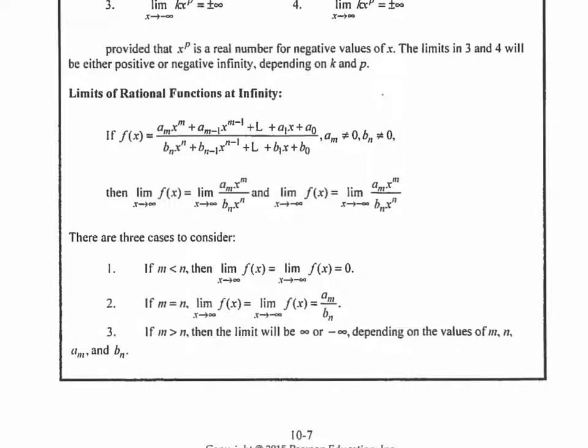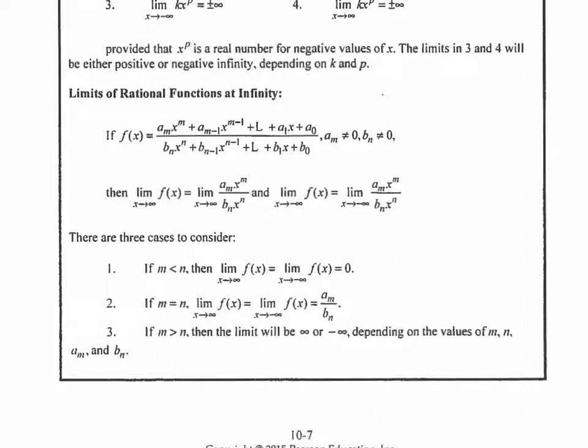And eventually I'm going to run into the same problem, that I've got this finite amount on top that I'm having to share with more and more and more and more people, to the point that eventually everybody gets almost nothing, okay? So as long as the exponent on top is smaller than the exponent on bottom, if I'm finding the limit as x approaches either positive infinity or negative infinity, it's got to end up being 0.